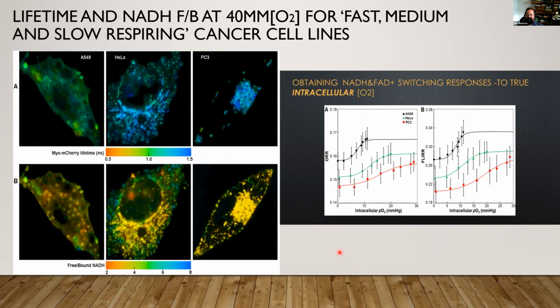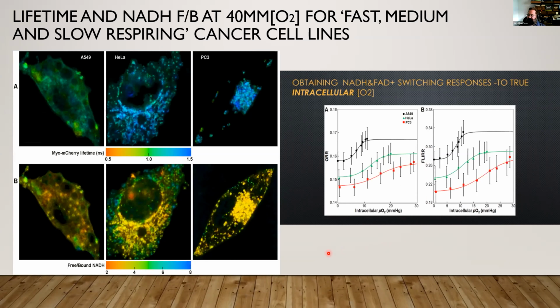In addition, we can do the kind of things that Suman was mentioning just an hour ago about the optical redox ratio, or the fluorescence lifetime based redox ratio, of cell types like this.